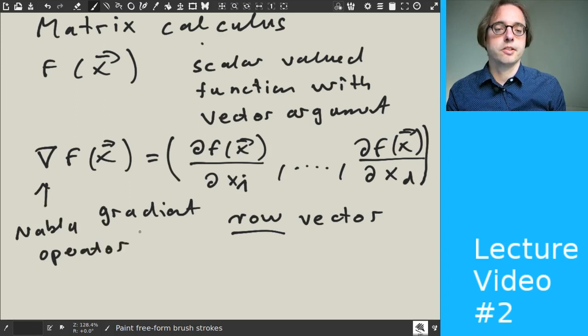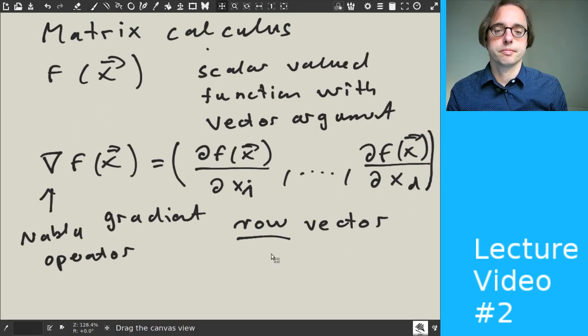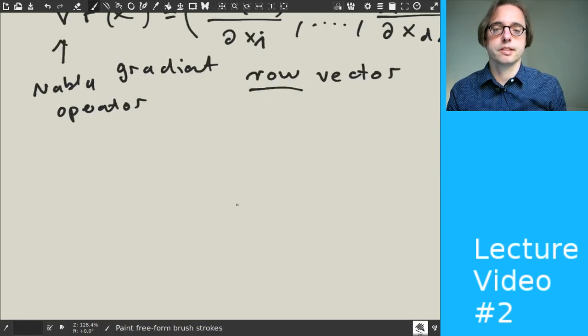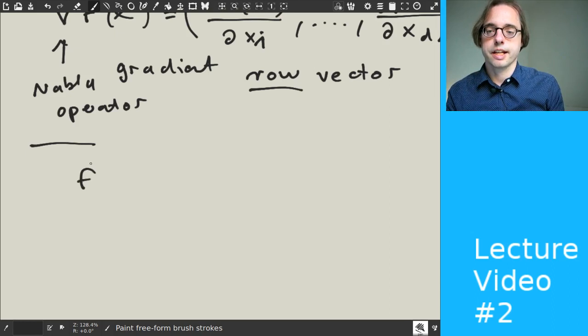I think you know this from last term, from the statistical methods class, where we used this to describe likelihood functions and a first derivative to get estimates. Sometimes you have a vector valued function, so f is also a vector.